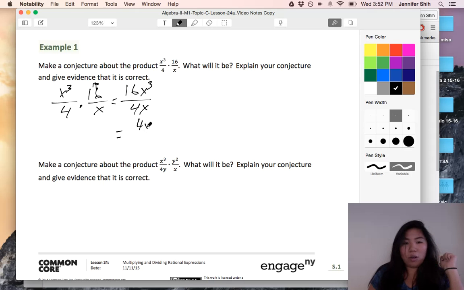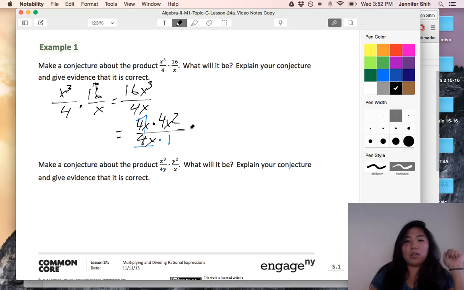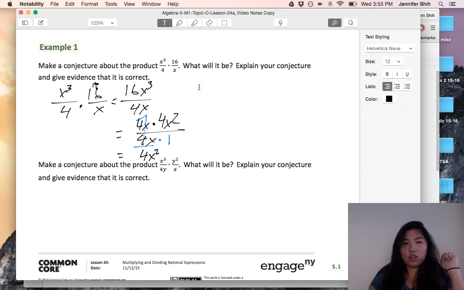So I'm going to take out a 4x, and then what's left over in the numerator is 4x squared over 4x. And this is great because now this simplifies to 1. Don't forget there is an imaginary 1 in the denominator, so we are going to be left with 4x squared.